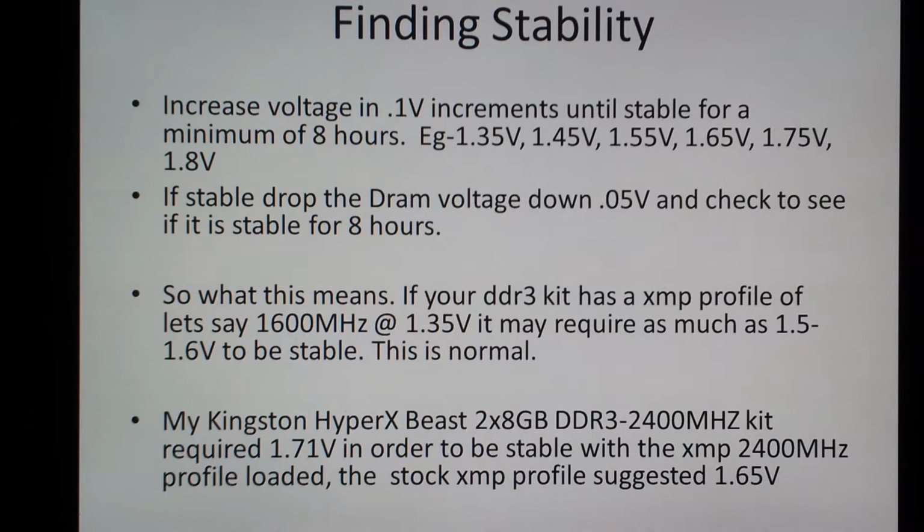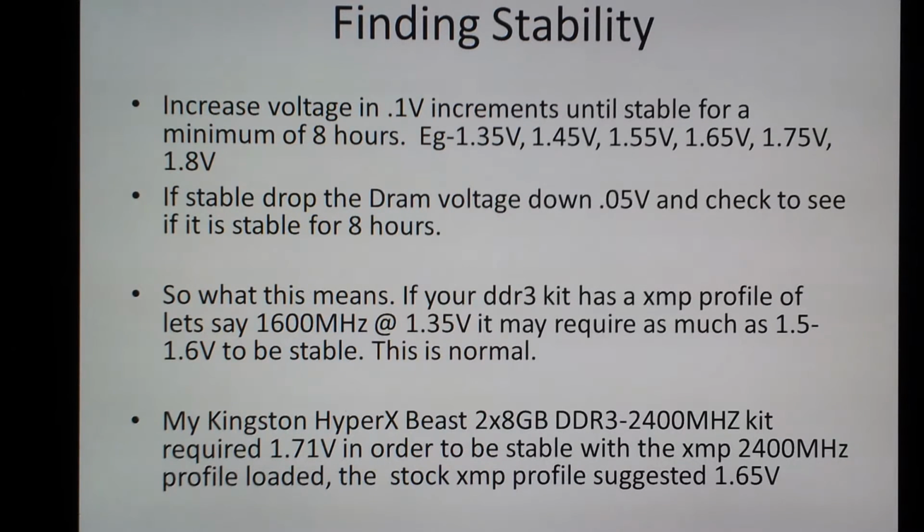If we find stability by increasing the voltage, the next thing we're going to do is decrease it by 0.05 and check to see if it's stable for 8 hours. Now you can do this backwards. You can start increasing the voltage in 0.05 increments. It's completely up to you on how you approach it.